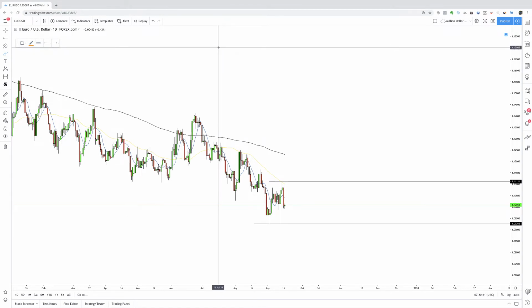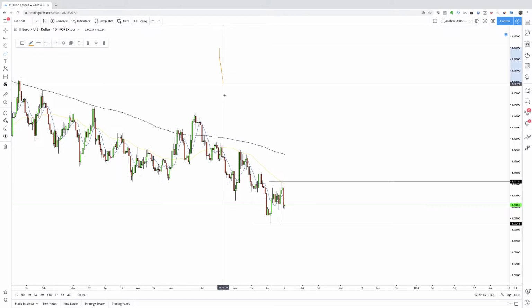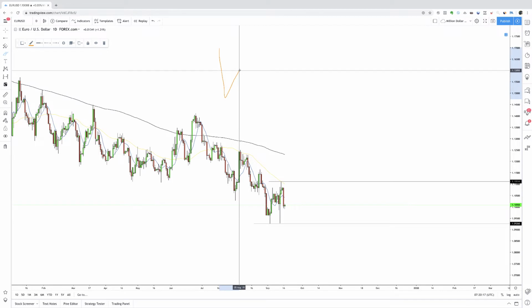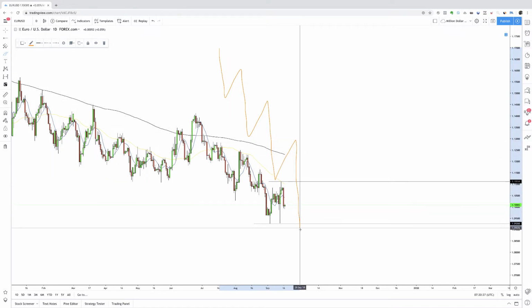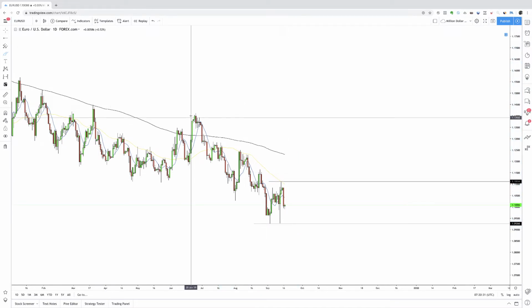So let's look at a bearish trend. We're going to have a lower low, a high, a lower high, lower low, lower high, lower low, lower high, lower low. That is a bearish trend, you all. That is exactly what we are seeing right now.